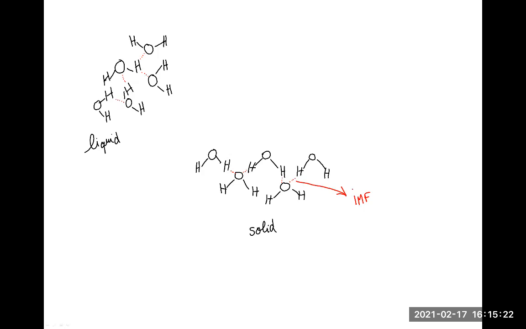So there is less strength in the forces of attraction between the molecules of water in the liquid phase. And so that's why they can still move around and be randomly oriented, and they can rotate, if you will. So there's still some movement allowed in the liquid phase.